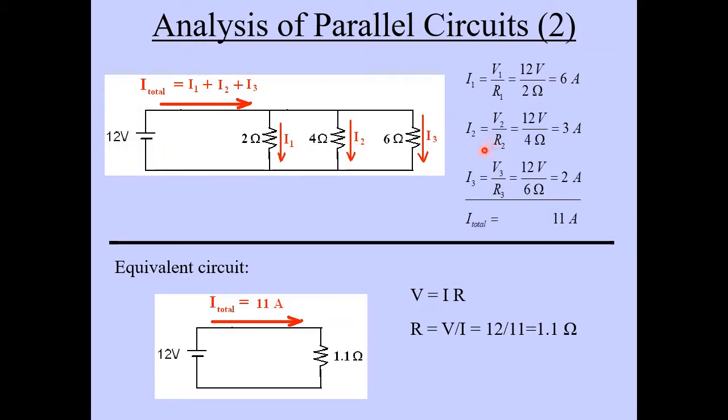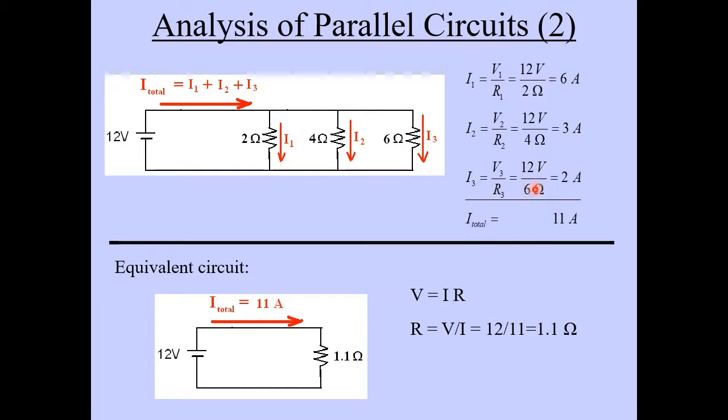So for this current here, we have 12 volts divided by 4 ohms, right? This is the 4 ohm resistance. 12 over 4 is 3. So I have 3 amps going down this leg of the circuit, or this path. Finally, for this one here, again, the voltage across this resistor is 12 volts because I can trace all the way back directly to the battery, and it's a 12 volt battery.